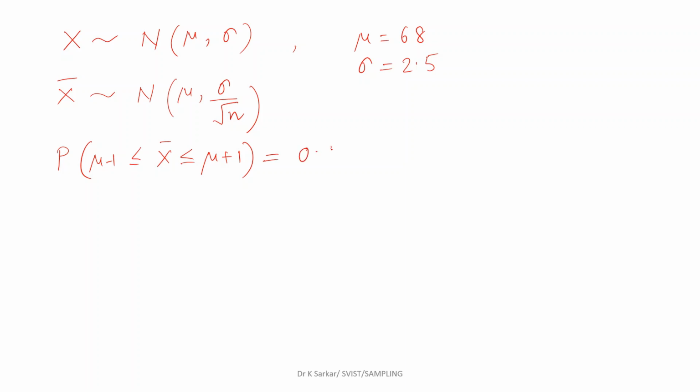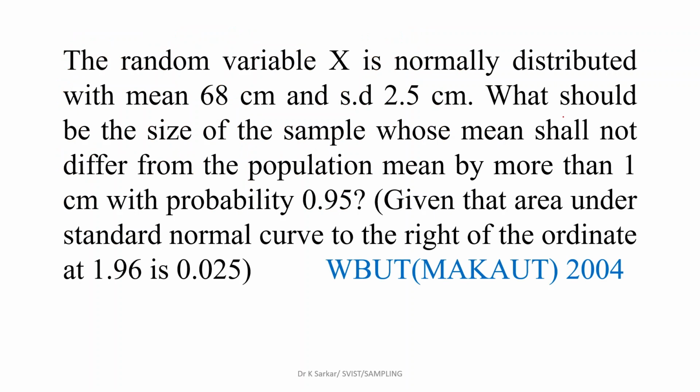is 0.95. Let's check. We have to find the size of the sample such that it shall not differ from the population mean by more than 1 cm with probability 0.95.